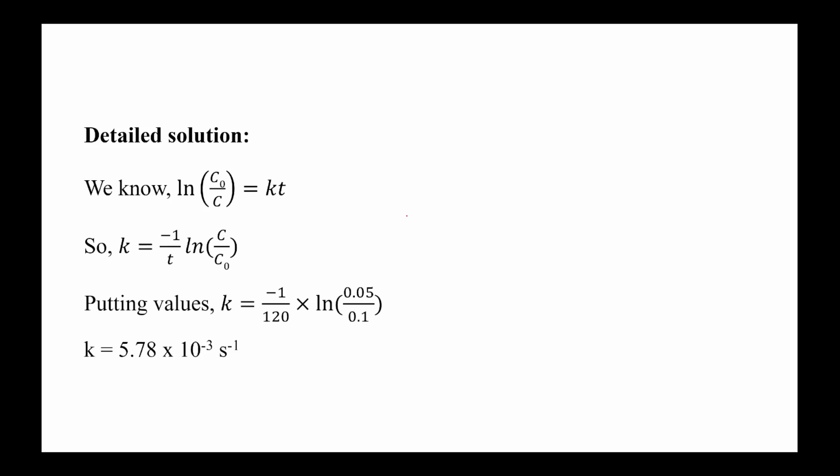Okay. So you have log C0 by C is equal to KT. So K will be equal to, so this is log C0 by C, right? So if you inverse this, this can also be written as ln C0 minus ln C, natural log of C0 minus natural log of C. And if I now flip it, if I take it on the other side of the equation, I write it as ln C minus ln C0, this will be equal to minus KT, right?